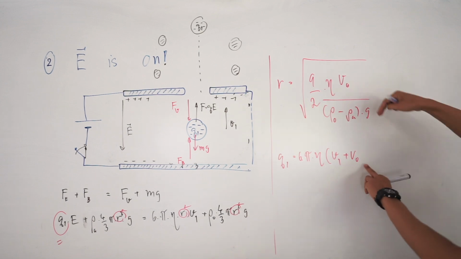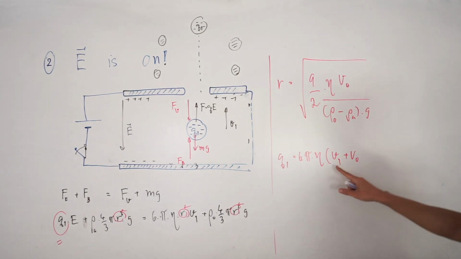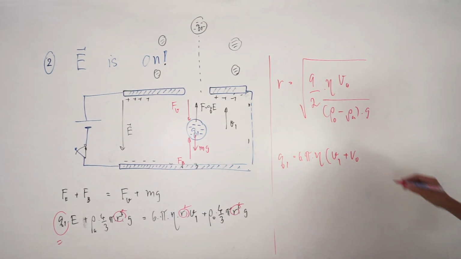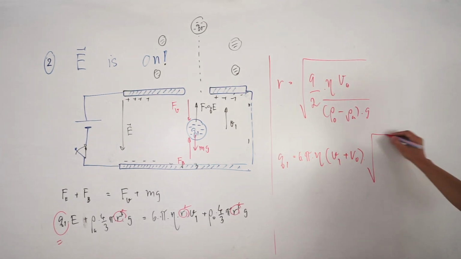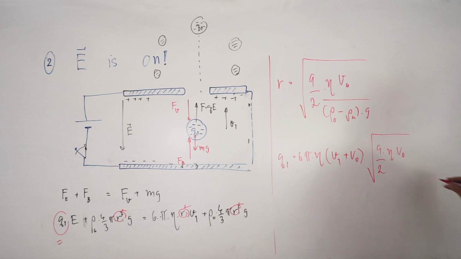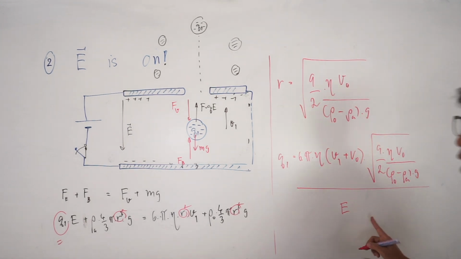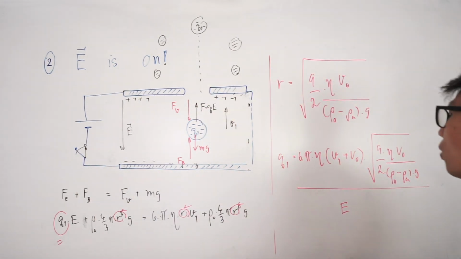v0 is the first falling speed, and v1 is the rising speed in this experiment, multiplied by the square root of 9 divided by 2, multiplied by eta times v0, divided by the difference between rho of the oil minus rho of the air, multiplied by g, divided by the electric field that we have already turned on.